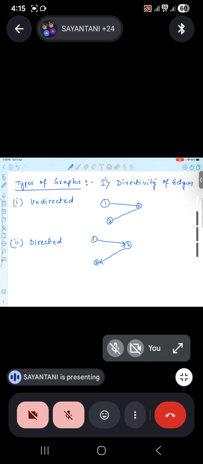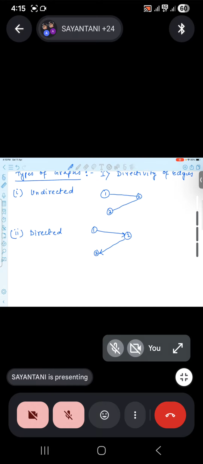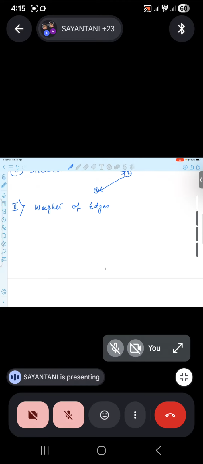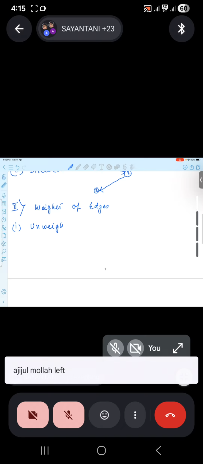The second category depends on the characteristics of the weights of the edges. Under this, we can have an unweighted graph.